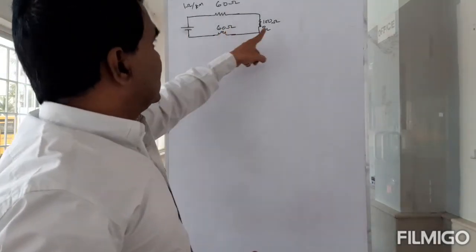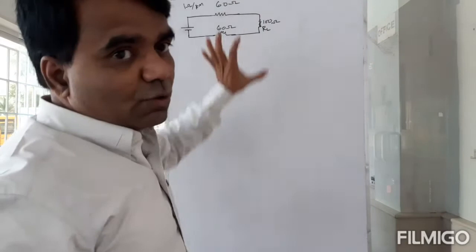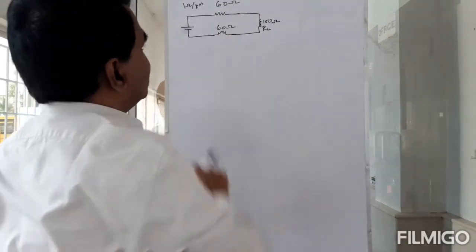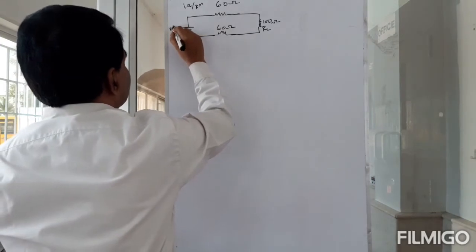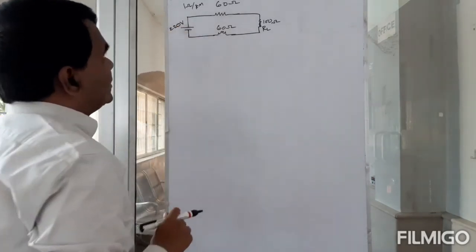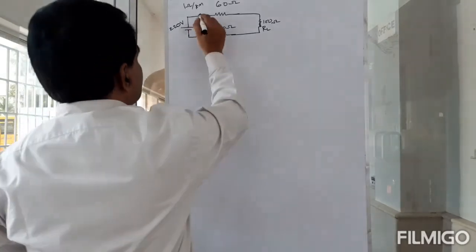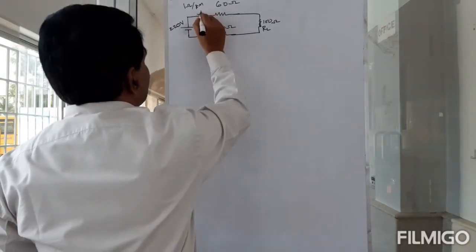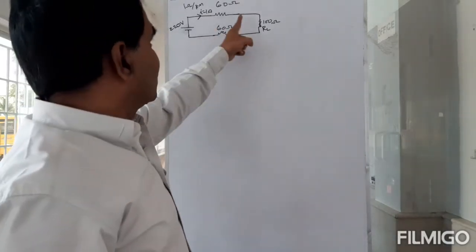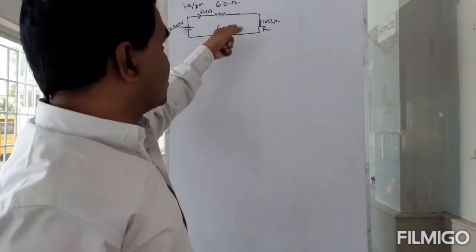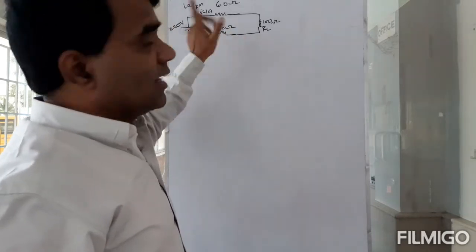So 60, 100, 60, that is 220 ohms. Let us suppose this voltage supply is also 220 volts. So clearly, there is a current of I equal to 1 amp flowing through the circuit. 220 volts divided by 220 ohms will give you 1 amp current.